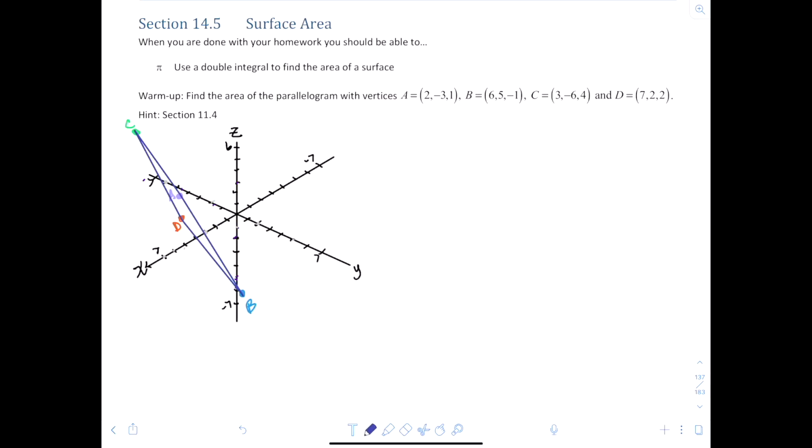Okay, so there's the picture of our parallelogram, and recall that the area of a parallelogram is the magnitude of the cross product of adjacent sides, where U and V are adjacent vectors.